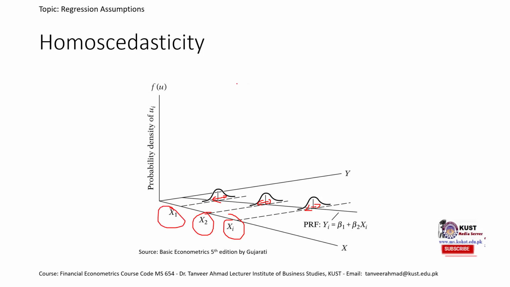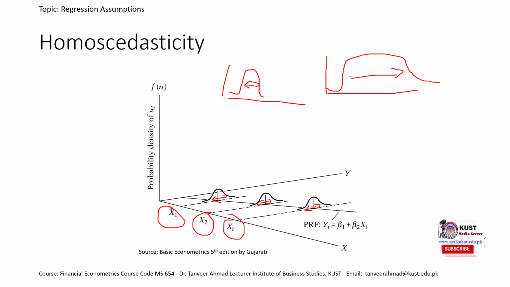Remember how we can see the variance. In this case, this graph would have a lesser variance as compared to this one. This would have greater dispersion and hence greater variance.